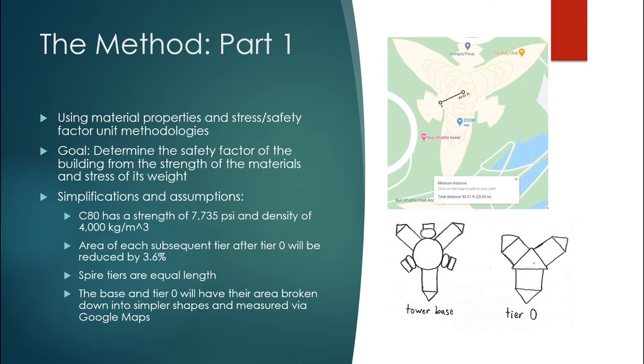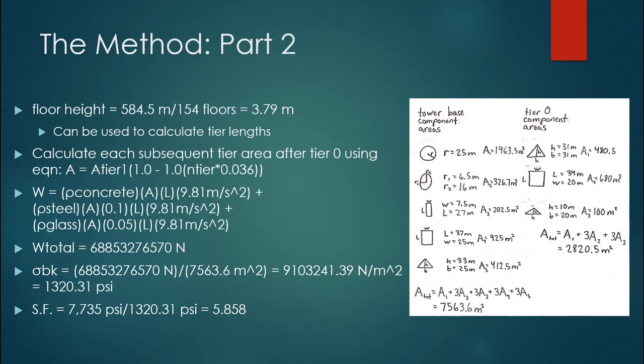Now, using an online source for said floors, it was found that floor 154 was at a height of 584.5 meters, which means that a floor is about 3.79 meters, and that can be used to calculate the tiered lengths of all the tiers, which again has to be done 27 times.